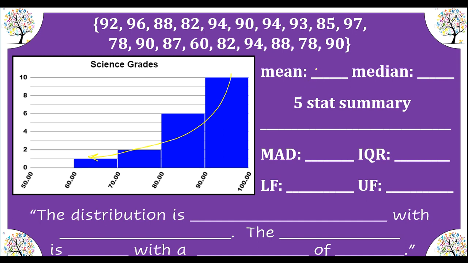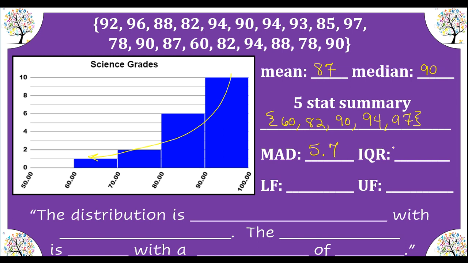The mean I got was 87.3, so I'm just going to say 87. My median is 90. The 5-stat summary is 60, 82, 90, 94, and 97. The MAD was 5.7.